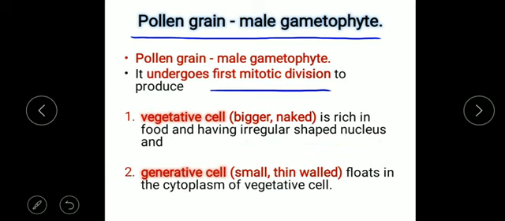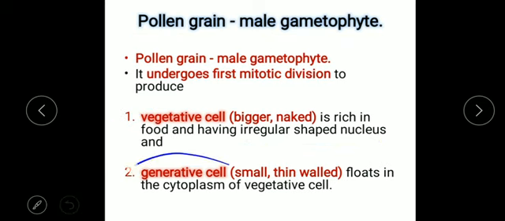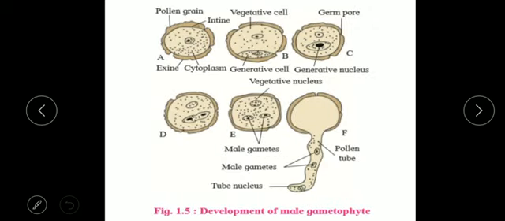Remember, the generative cell acts as the initial cell for male gamete development. It means the generative cell further divides mitotically to form two male gametes. Here in this diagram you can see the pollen grain, which shows the exine, intine, internal cytoplasm, and only one nucleus.